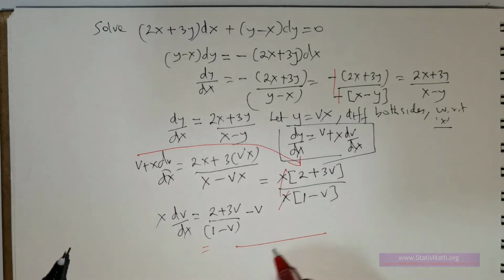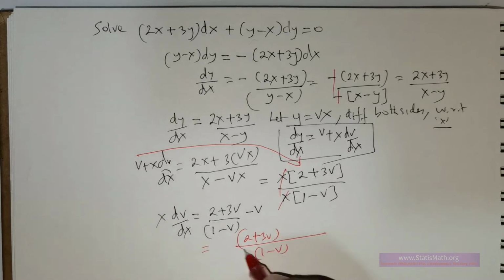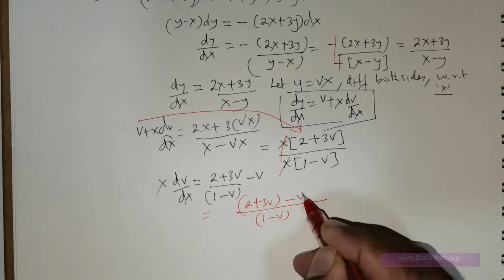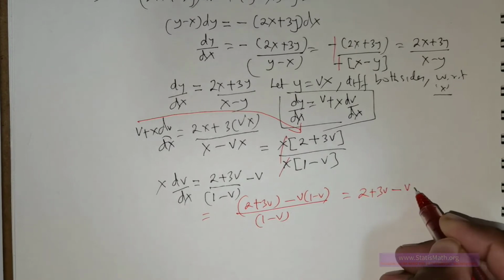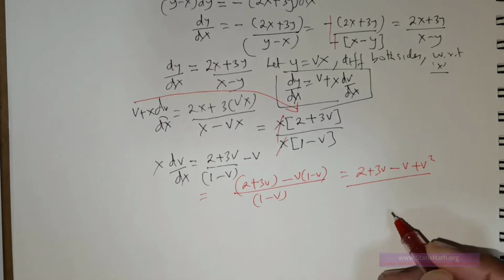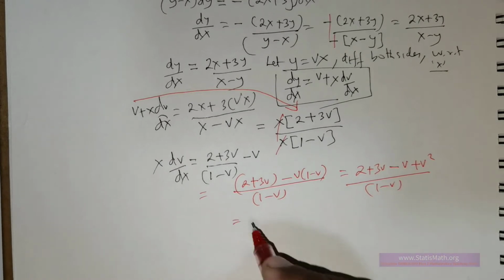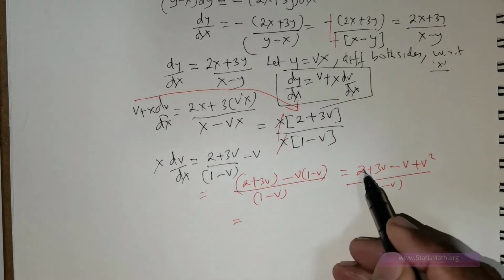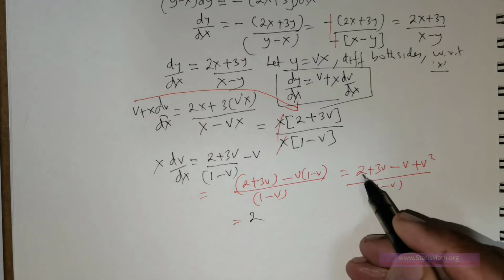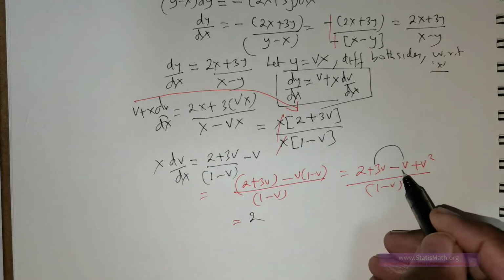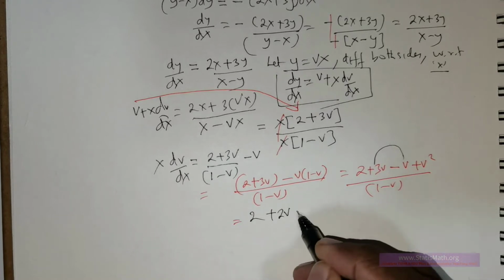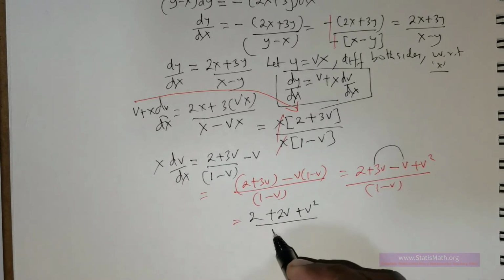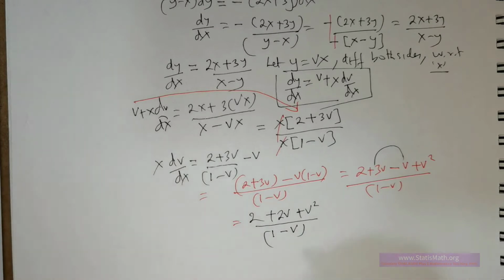Now if I take the LCM as (1 − v), I would get (2 + 3v − v(1 − v))/(1 − v), which can be rewritten as (2 + 3v − v + v²)/(1 − v). Now 2, I have got nothing to do with, but 3v − v would give me 2v, followed by v², divided by (1 − v).